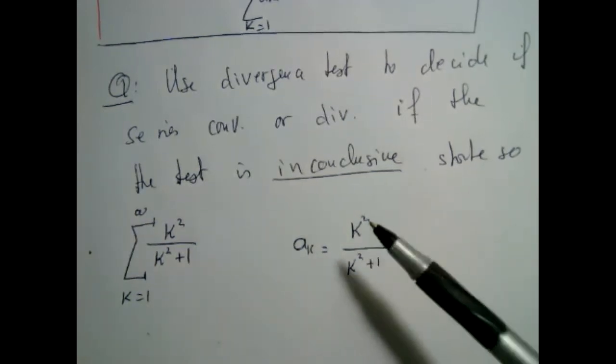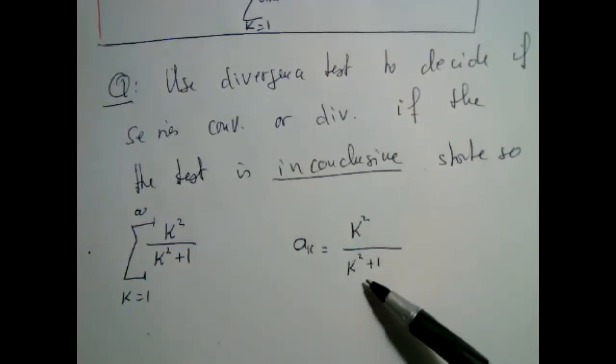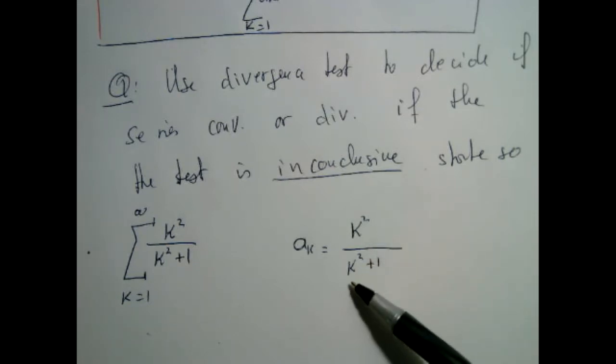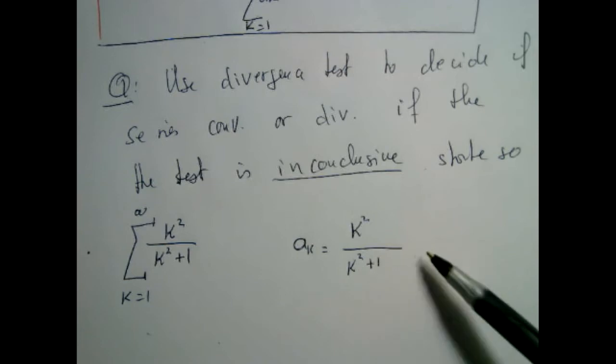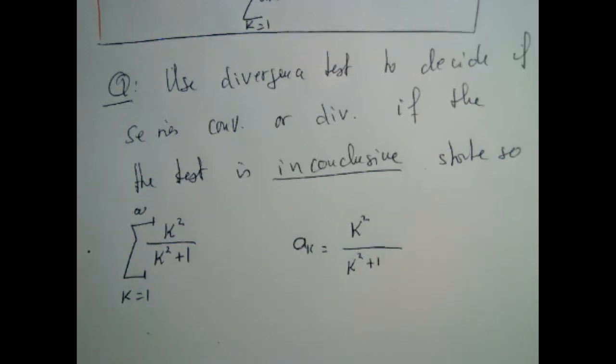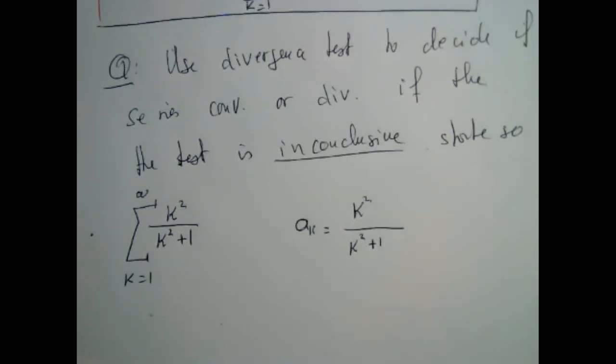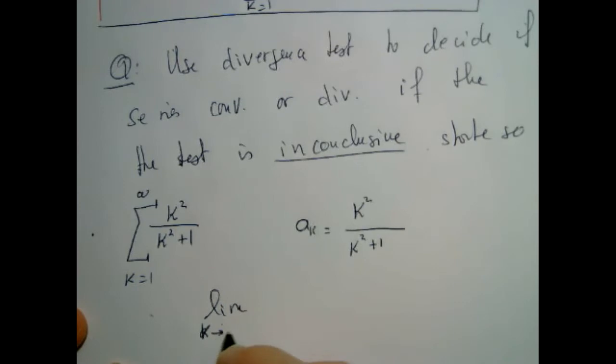So if k is 1, it's 1 over 2, plus 4 over 5, plus so on and so forth. So this is my a_k. Okay, we're going to look at the limit as k goes to infinity of a_k. It means those terms when k becomes large.